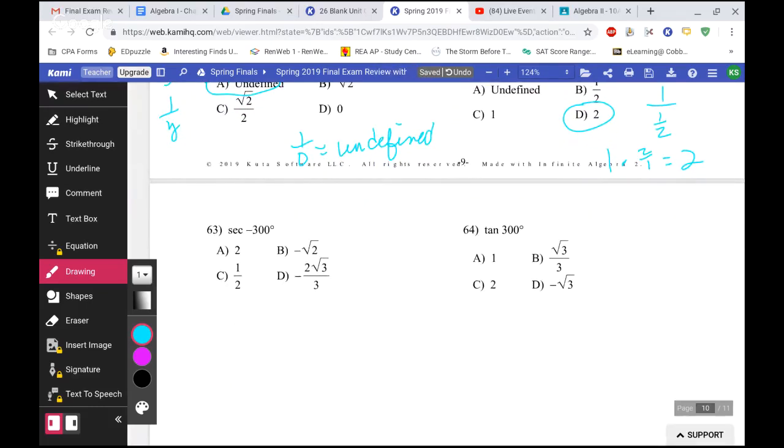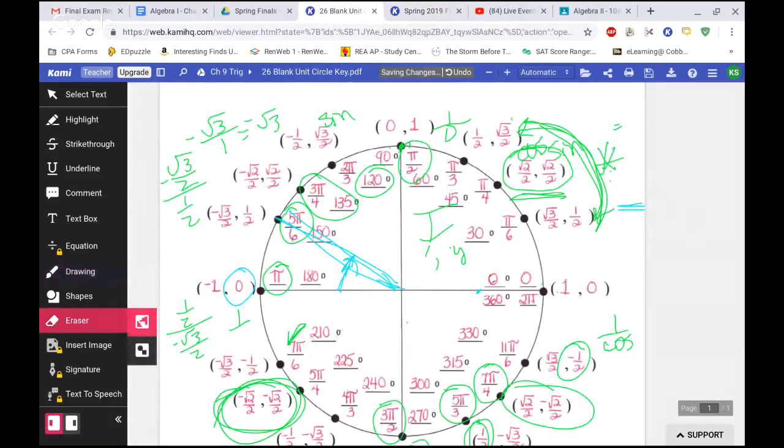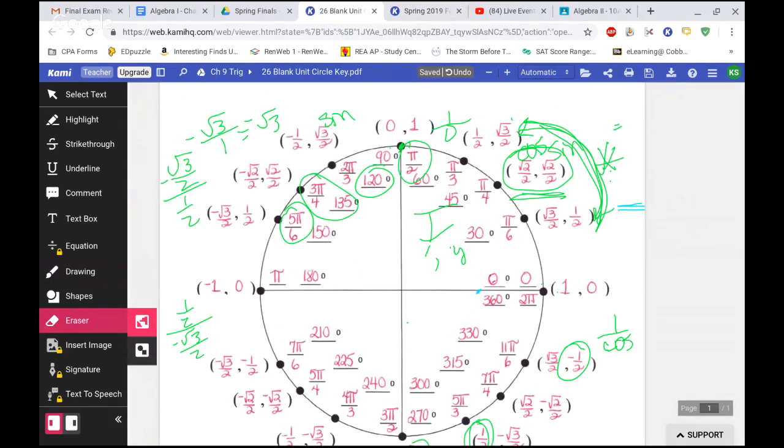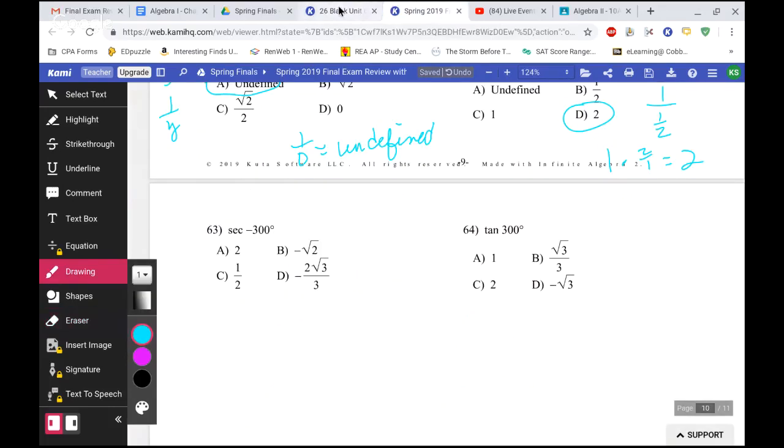So I think I'm going to handle number 63 because it also is negative. So that means I'm going to want to travel in a clockwise fashion as opposed to a counterclockwise fashion. And it's 300.